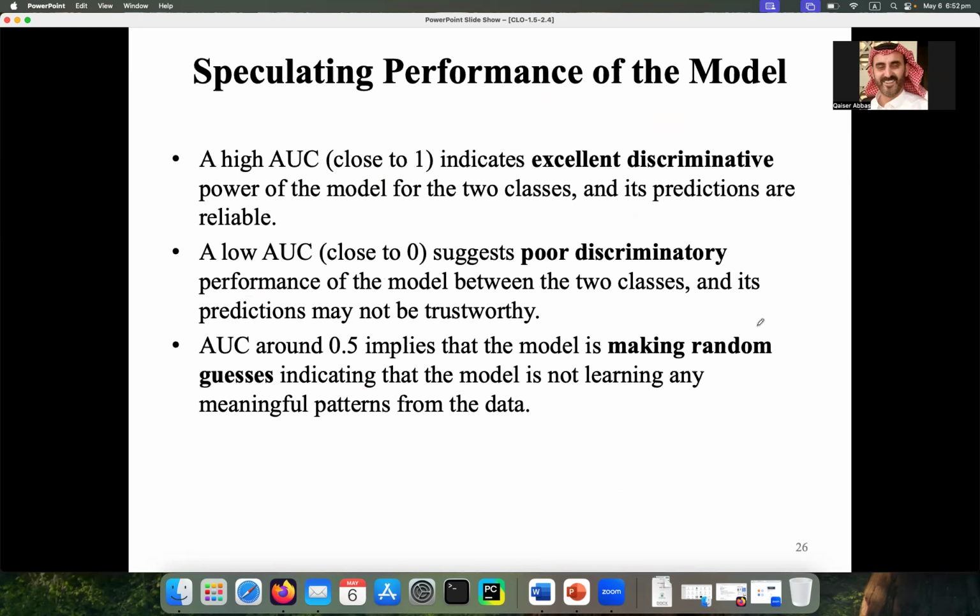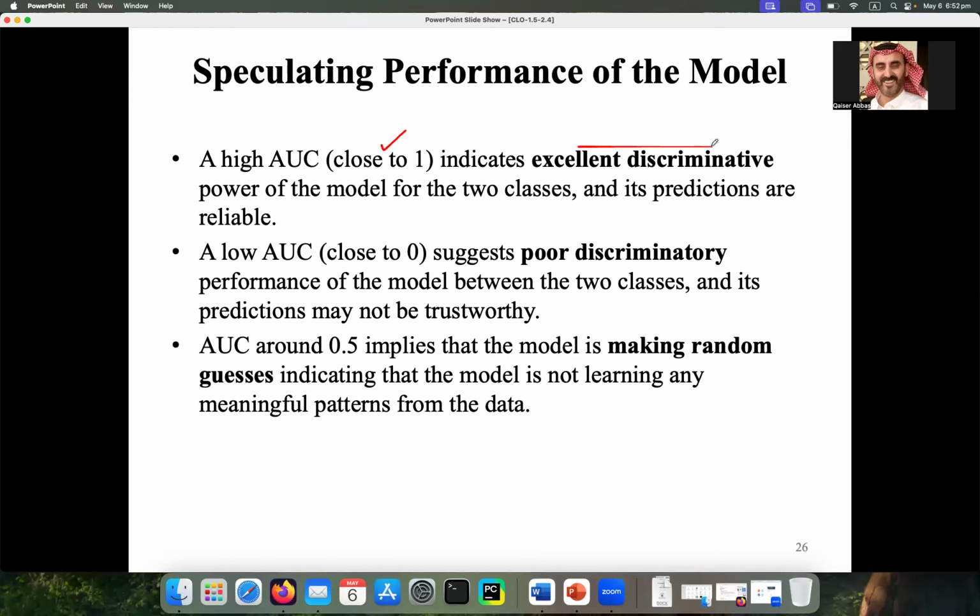Now, what can we infer from the values of auc-roc? When we have an auc value close to 1, like the 0.75 that you have seen previously, it means that your model is an excellent discriminator.